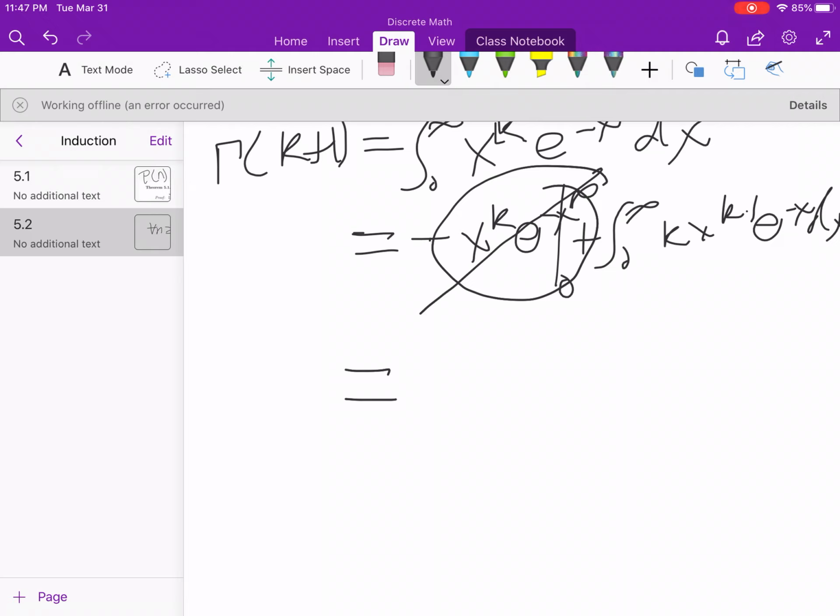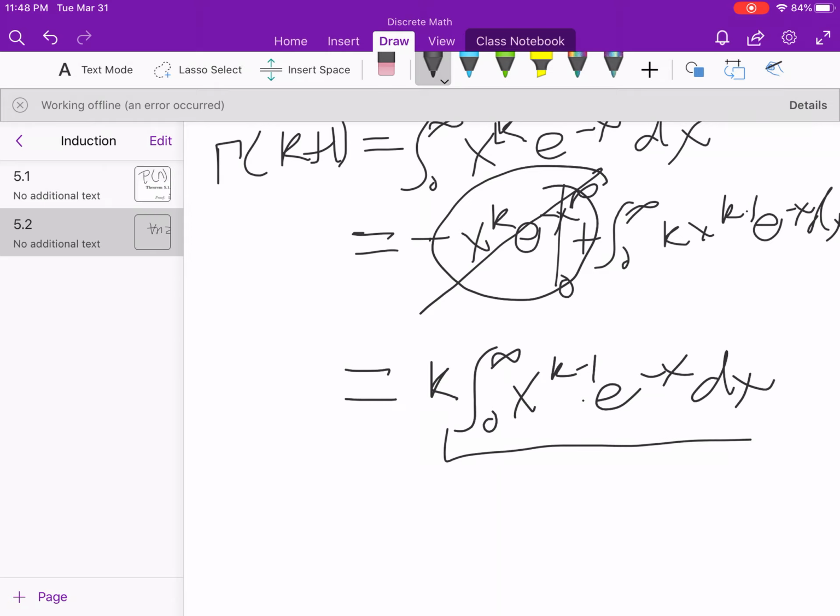Let's take a closer look at what I have. Notice here I've got k, because k is not dependent on any of the stuff inside the integrand, really. So I can pull it out, and I get k times the integral from 0 to infinity of x to the k minus 1, e to the negative x, dx. But what do I know about this?